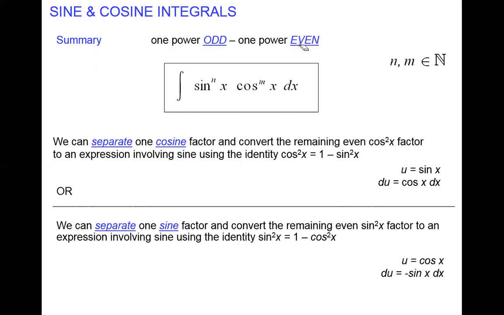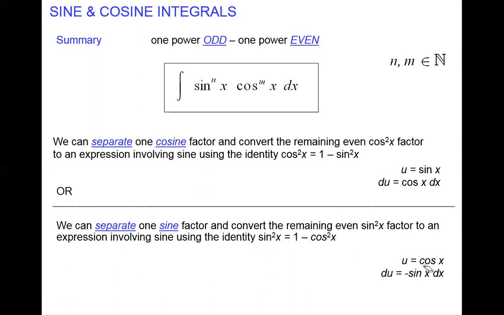That means what we will do depends on which one. We will try to use the u substitution, and we will let u be sine of x, or we will let u be cosine of x. It depends on the situation. We can see, like this one, the first situation is telling me that cosine of x has the odd power.